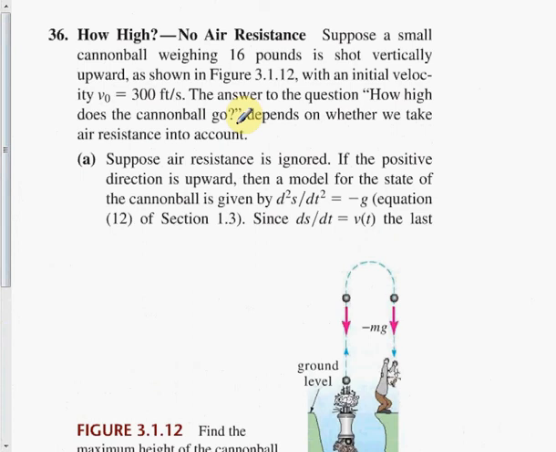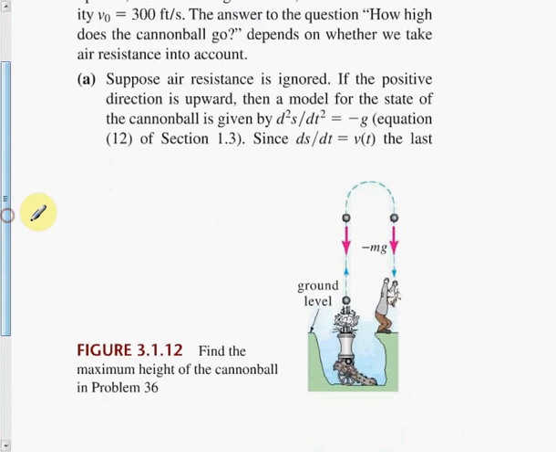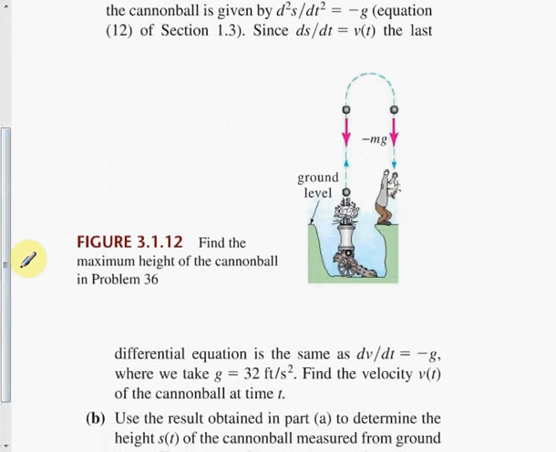If the positive direction is upward, then a model for the state of the cannonball is given by the second derivative of s equal to negative the acceleration due to gravity. Since we know that the derivative of the space movement with respect to time gives us velocity, the last differential equation is the same as dv over dt equal to negative g.